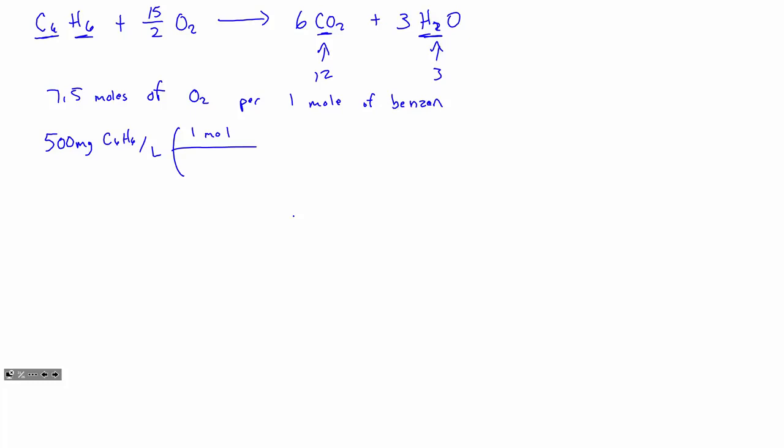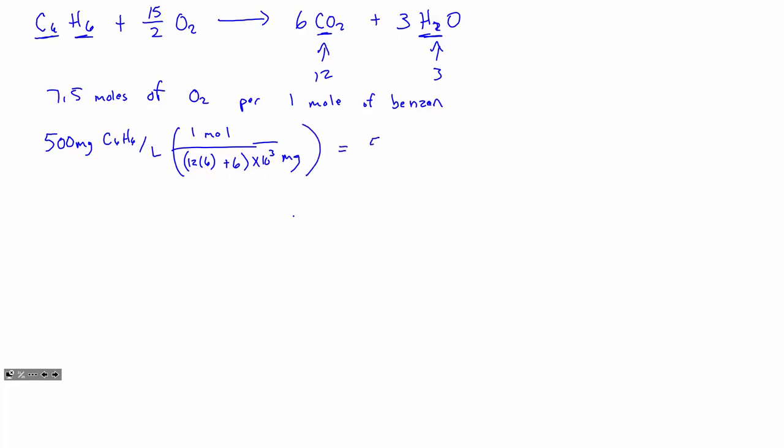So in 1 mole, we're going to have 12 times 6 plus 6. We need to get that molecular weight of benzene. This is going to be 78 times 10 to the third, so this is how many milligrams of benzene we're going to have in 1 mole.